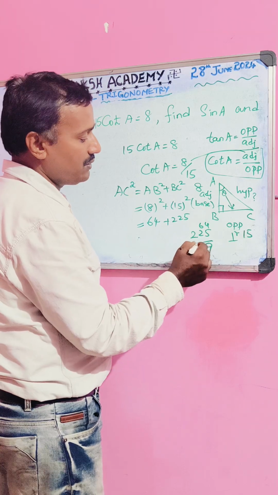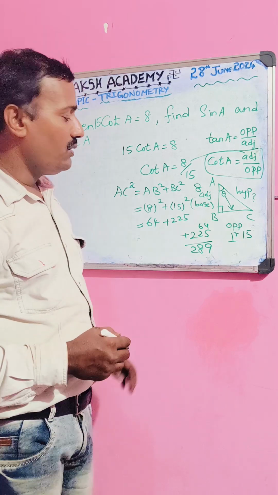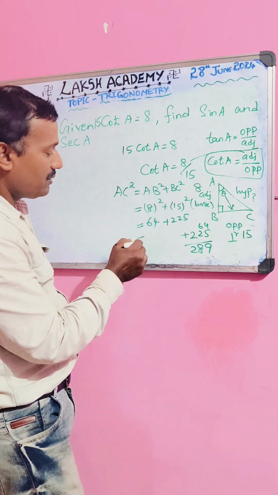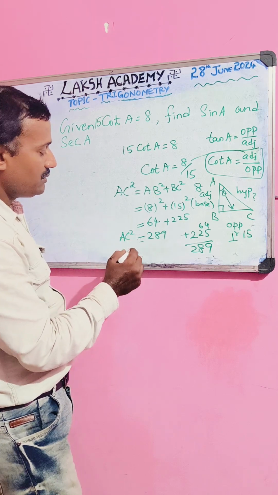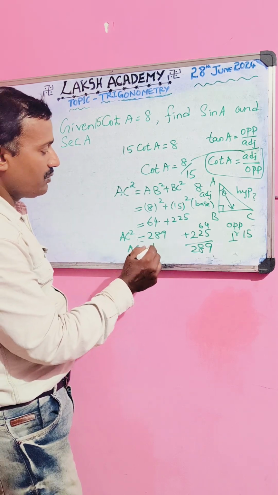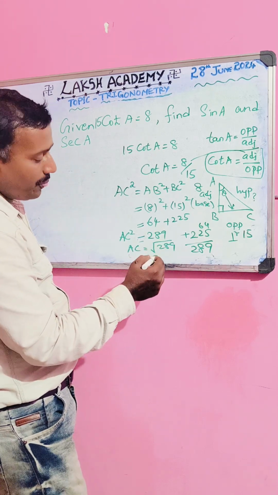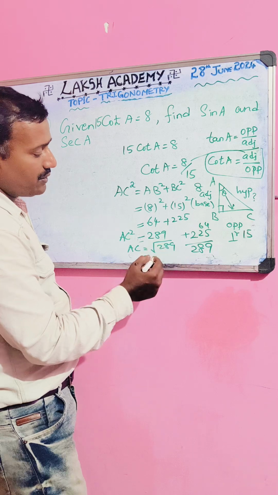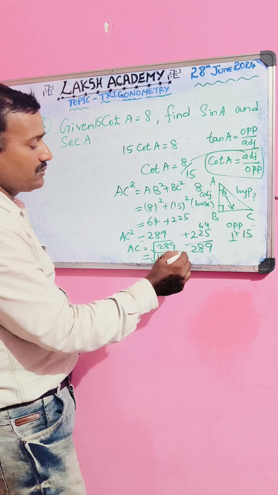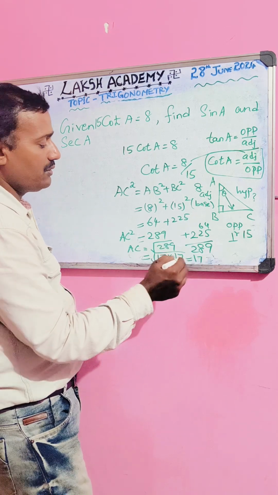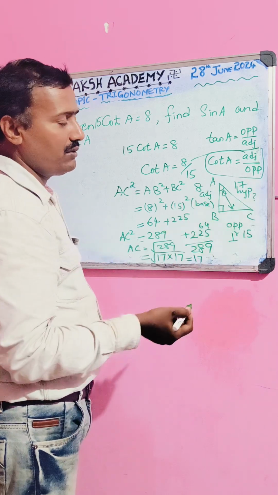If you add these two values, you will get 289. And if you remember the square numbers, AC equal to root of 289. We can write 289 as 17 square, that means 17 into 17, so the AC value is 17. So the hypotenuse side is 17.